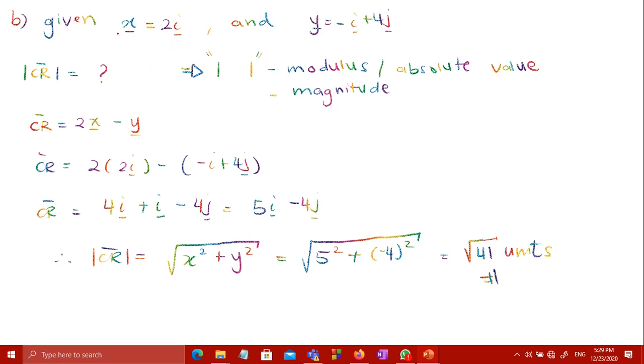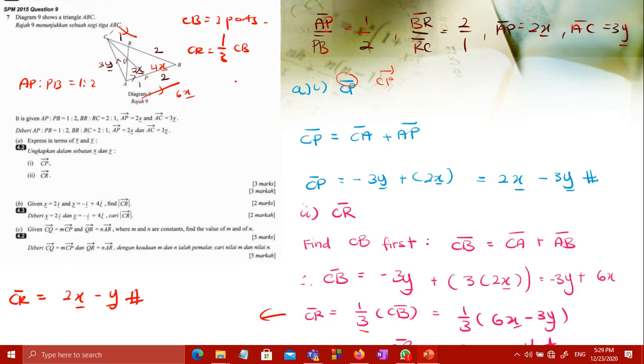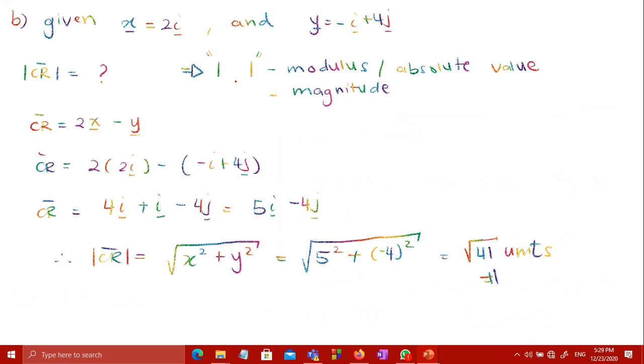Given vector x is 2i and vector y is negative i plus 4j. What is the magnitude of CR? Recall that this sign stands for modulus, or also known as absolute value, but in terms of vector it is known as magnitude.